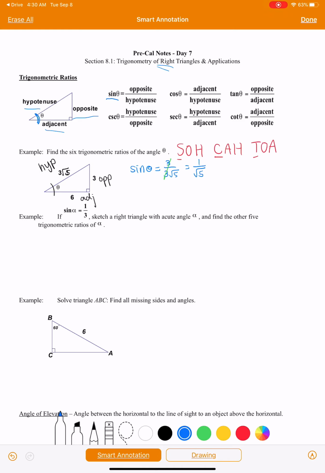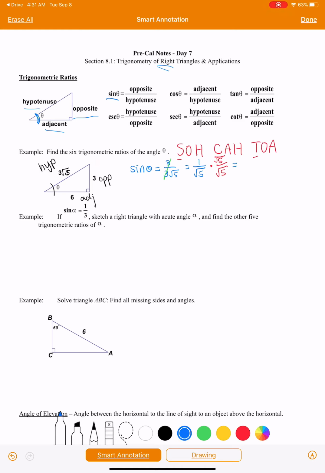We need to make sure that there are no radicals, meaning the square root symbol, in the denominator. So how do we get rid of a radical in the denominator? If we want to get rid of a square root symbol, we can multiply by another square root of 5, but what we do to the denominator, we have to do to the top.